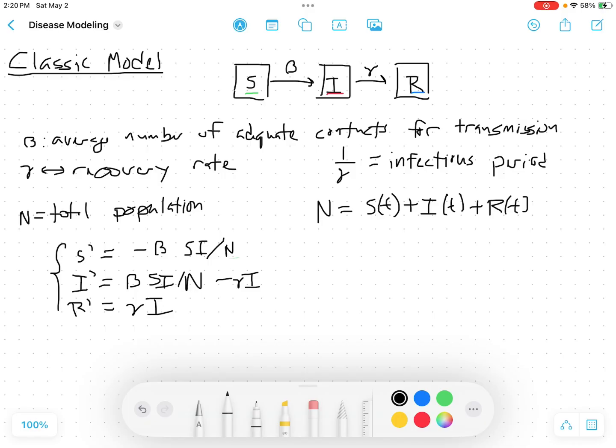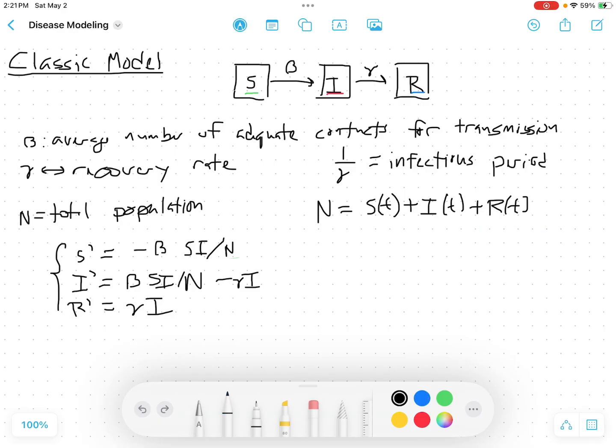There are a few things to observe. So I guess first, we had this equation here that the total population was equal to S of t plus I of t plus R of t.